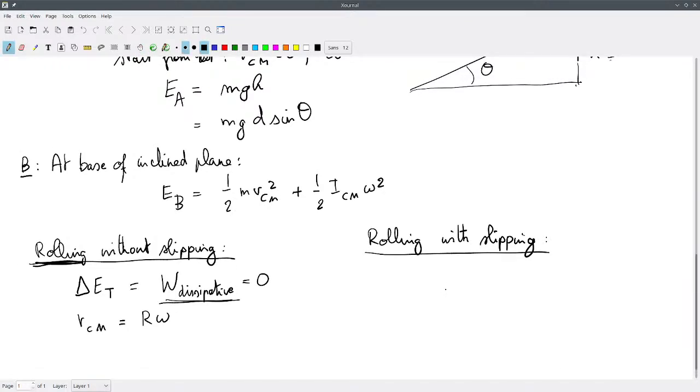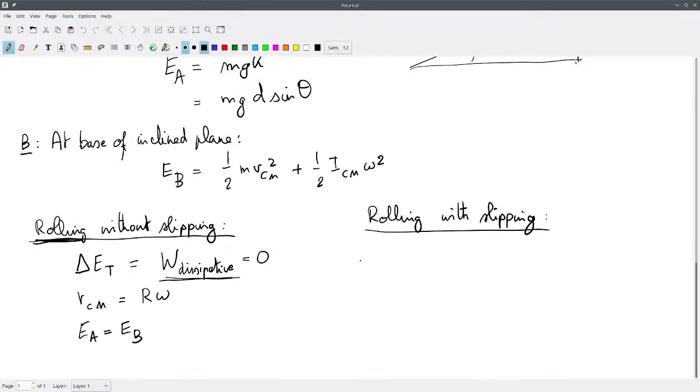So in this case, E_A will have to be equal to E_B, and that means that mgd sine theta will have to be equal to 1/2 m times v_CM squared plus 1/2 I_CM, and now omega I'm going to write as v_CM over R, squared.